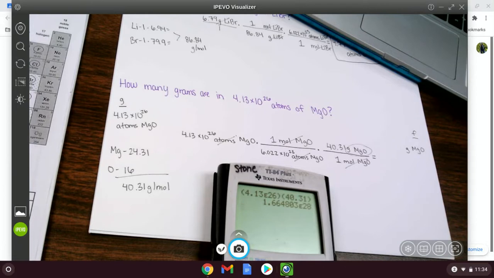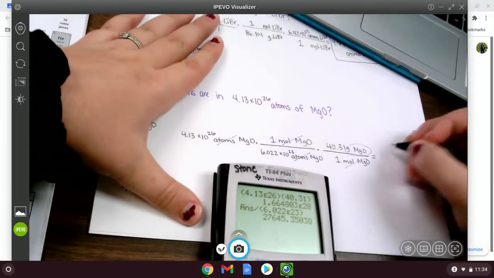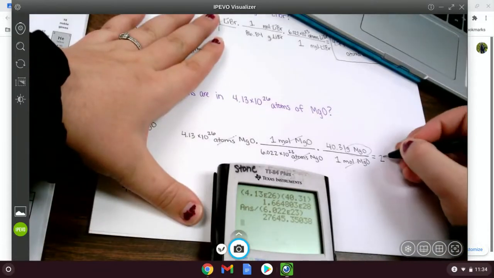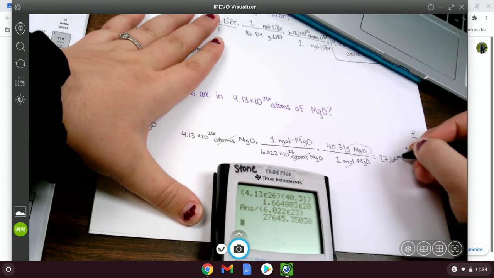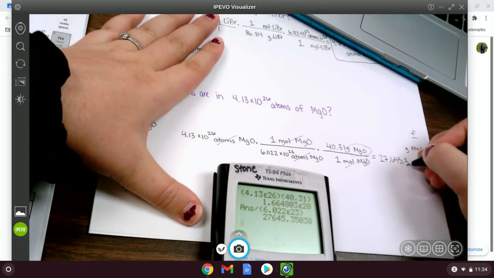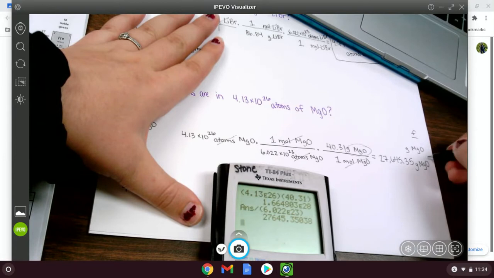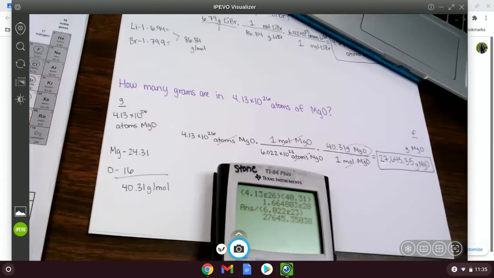We're going to hit divide, parentheses, and then type in Avogadro's number. Close our parentheses, enter. And we get, for an answer, 27,645.35 grams MgO. Round to 2 decimals and you're all set.